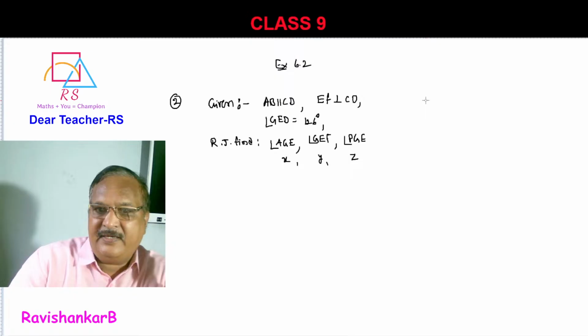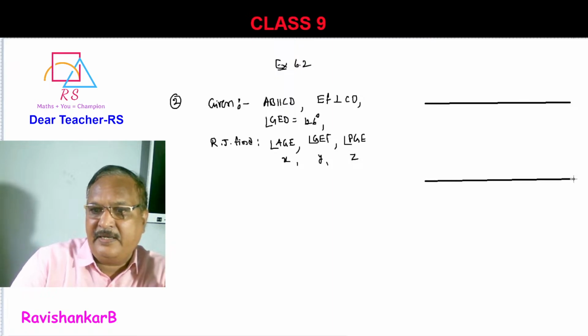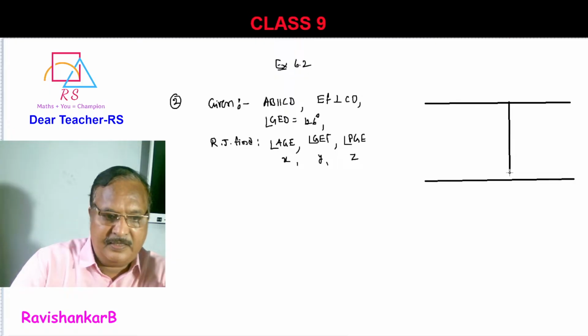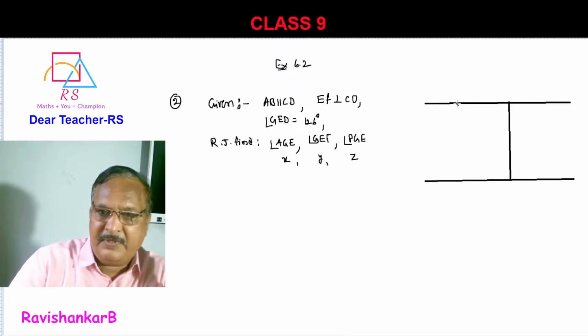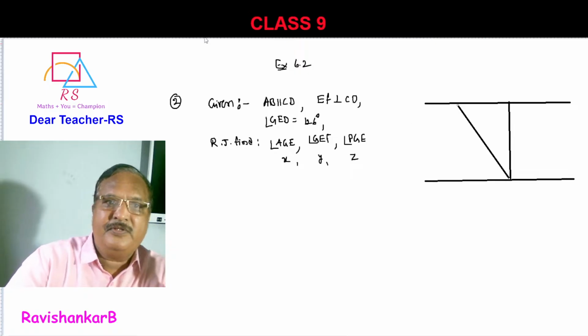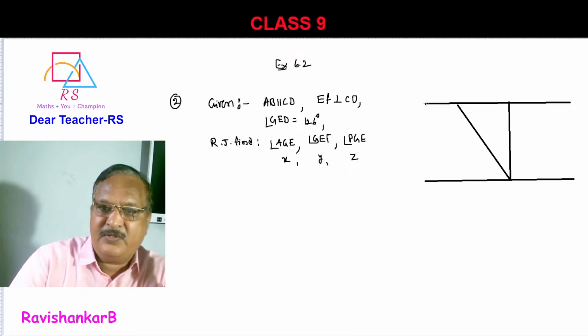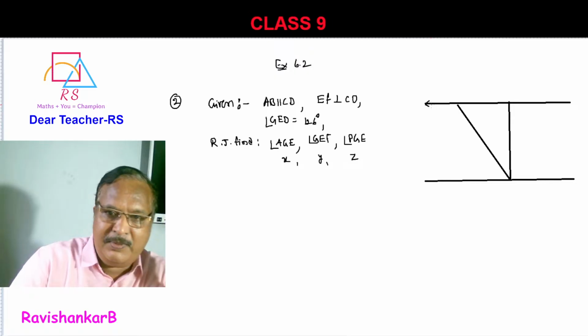AB is there. This is AB, and this is CD, and there is a perpendicular. EF is perpendicular, and from here there is one more line. So let me name it. So many students don't show interest in labeling.